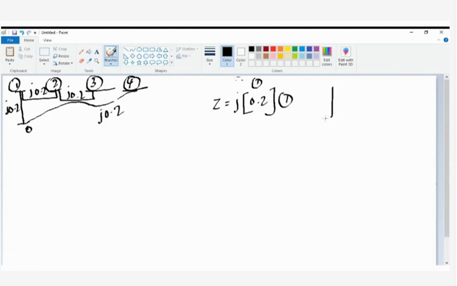I just added the first element, 0.2. Then I'm going to add the next element.